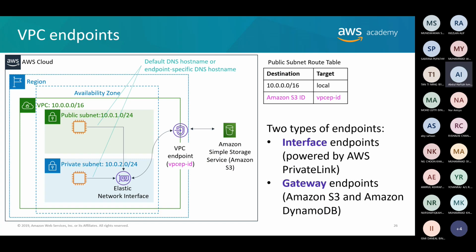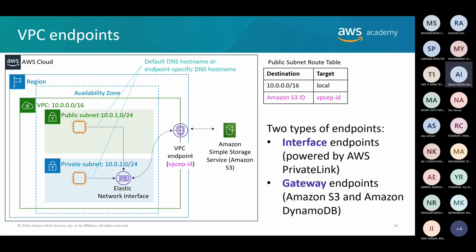And then this is another service called VPC endpoint. It is a virtual device that enables you to privately connect your VPC to supported AWS services and VPC endpoint services that are powered by AWS PrivateLink.